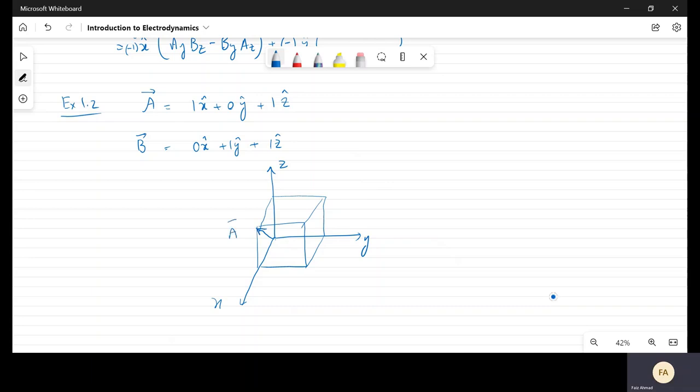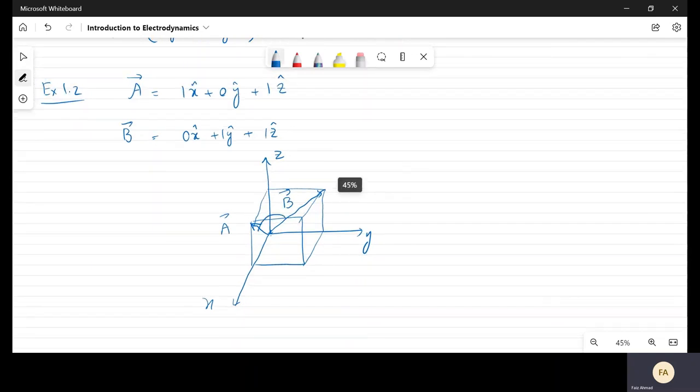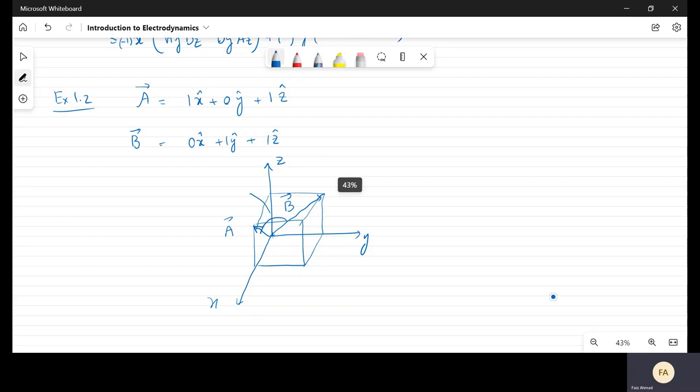This is vector A, and we have one Y and one Z, so this will go here. This is vector B. We have to find the angle between these two, and this is theta.